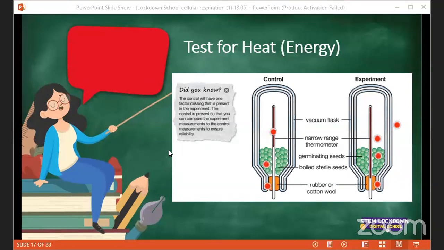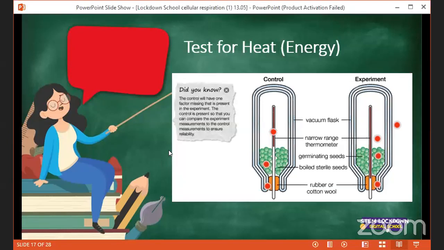Okay, so as I'm waiting for answers, I'll just move on to the next test that we will do. And this is a test with yeast.